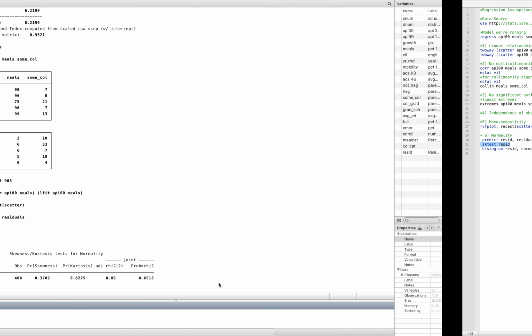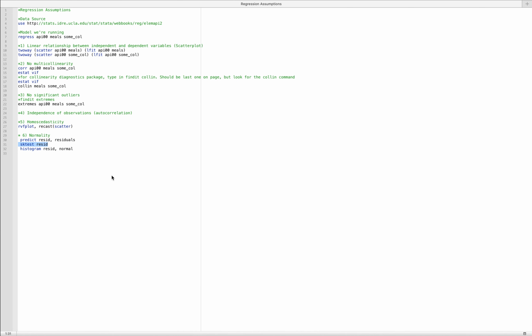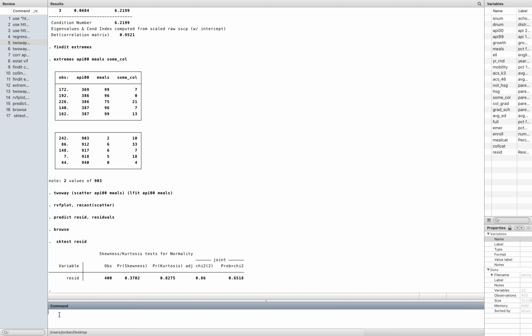Another way to take a look at this is to do a histogram. You can just do the drawing. So the histogram command: histogram resid, or whatever you named your errors, comma, normal.